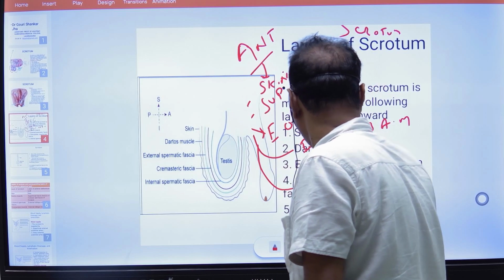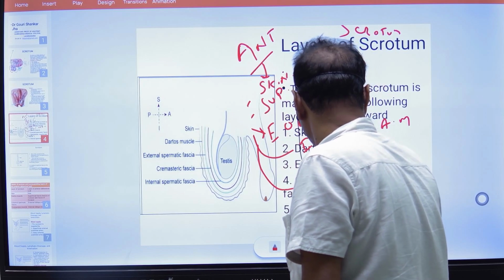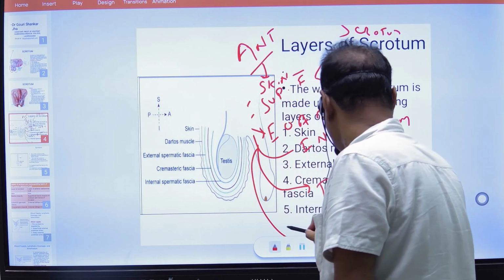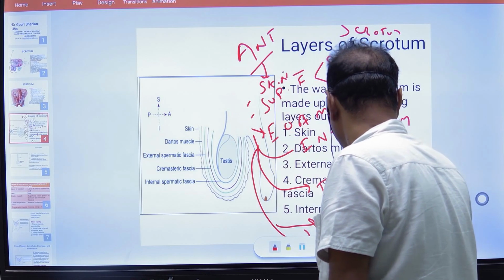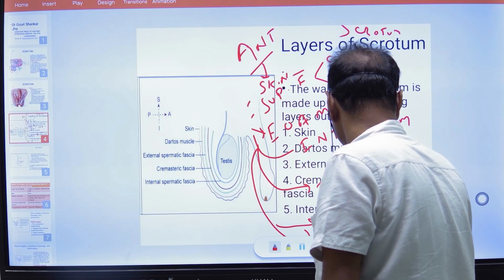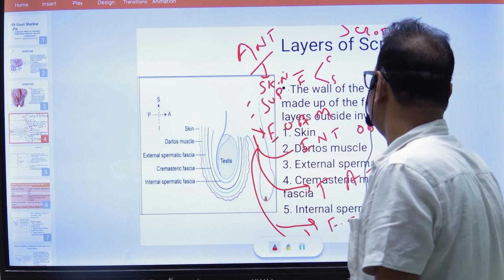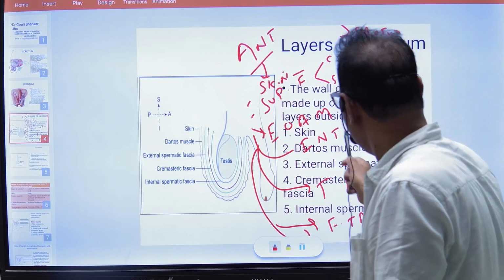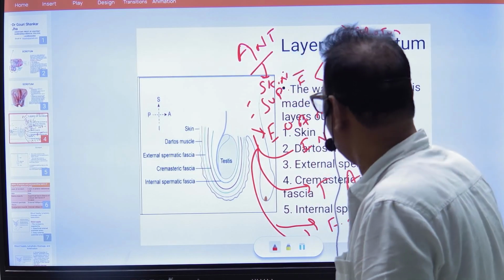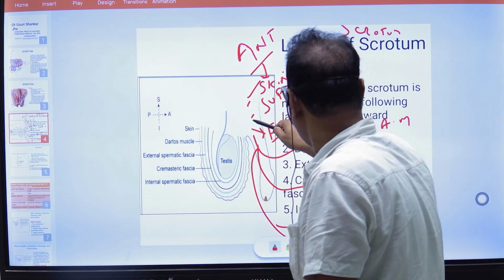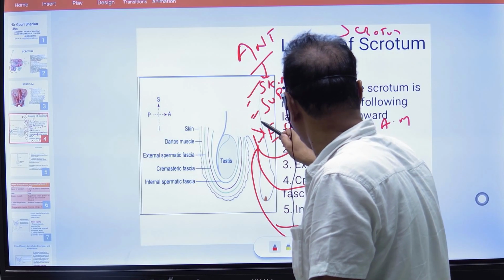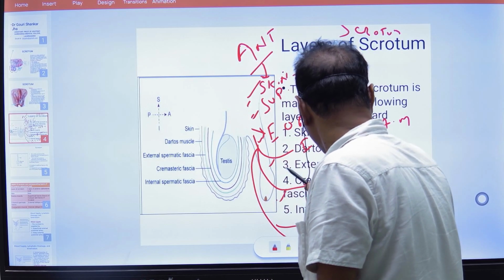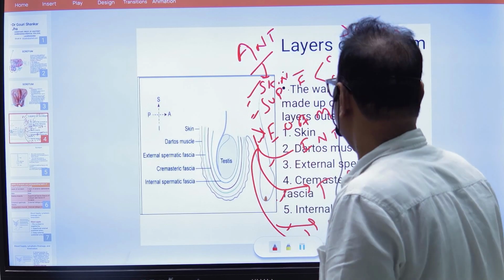And finally the transversus abdominis muscle. After that, what do we get? The fascia transversalis. All these structures are found in the anterior abdominal wall: first skin, then superficial fascia, then external oblique, then internal oblique, then transversus abdominis muscle and the fascia transversalis.